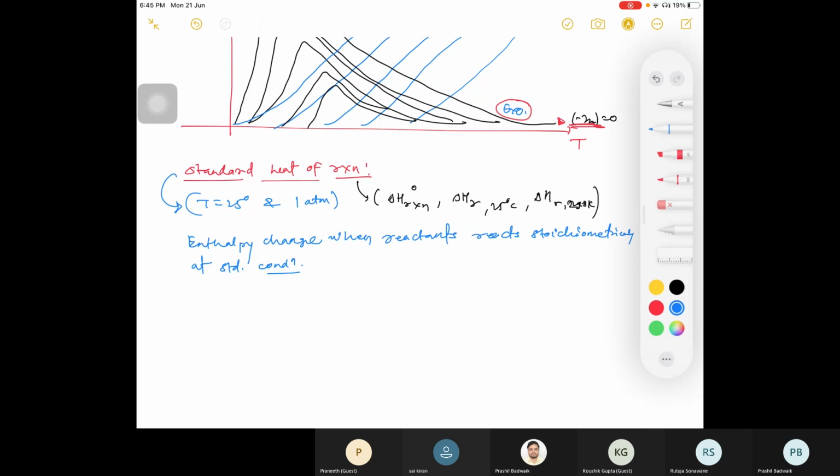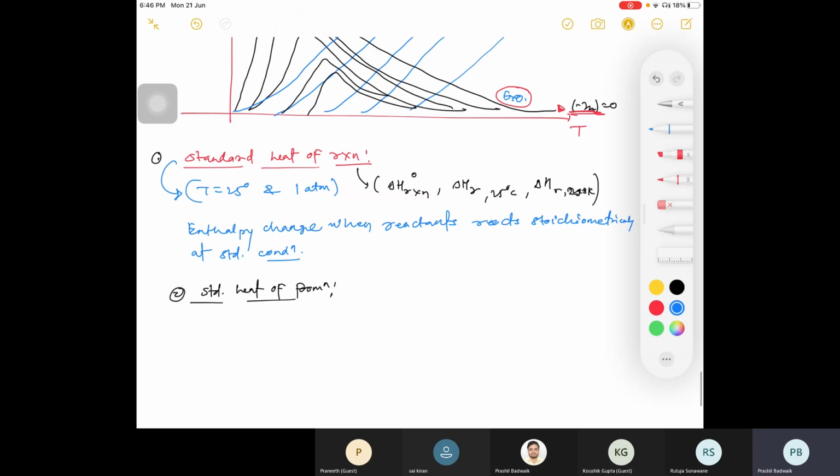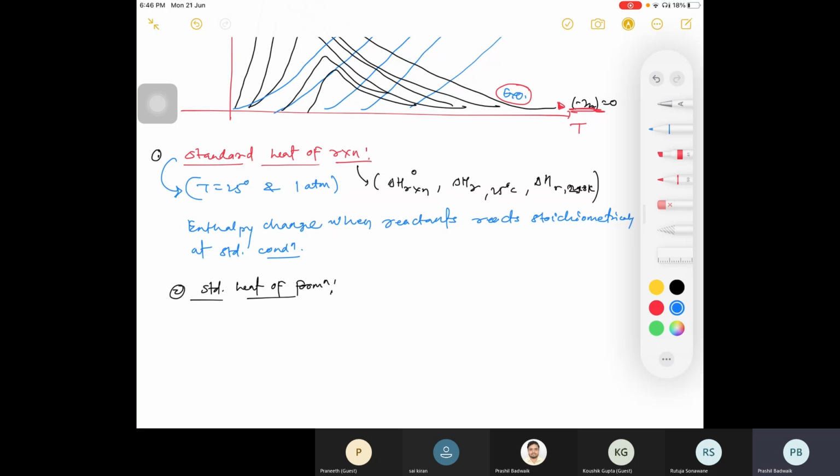Now, what is the standard heat of formation? Second is heat of formation. It is the enthalpy change during formation of 1 mole of compound from its constituent elements.